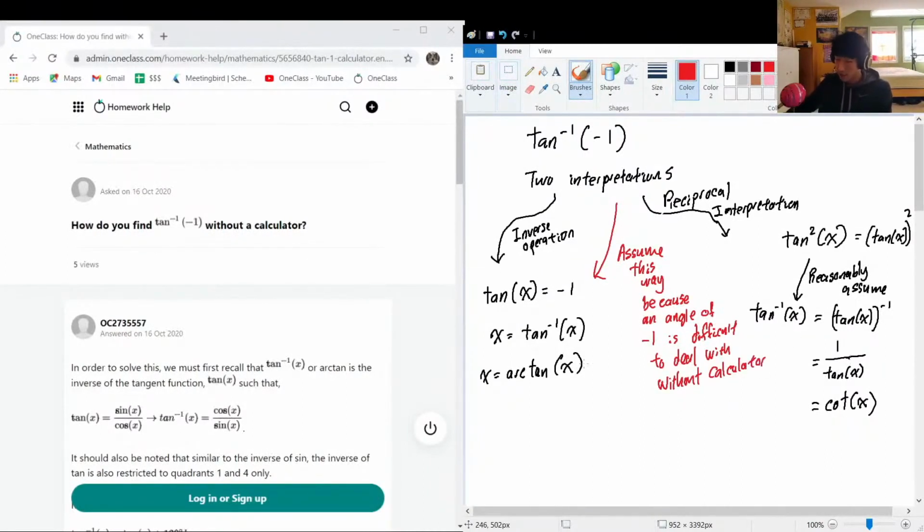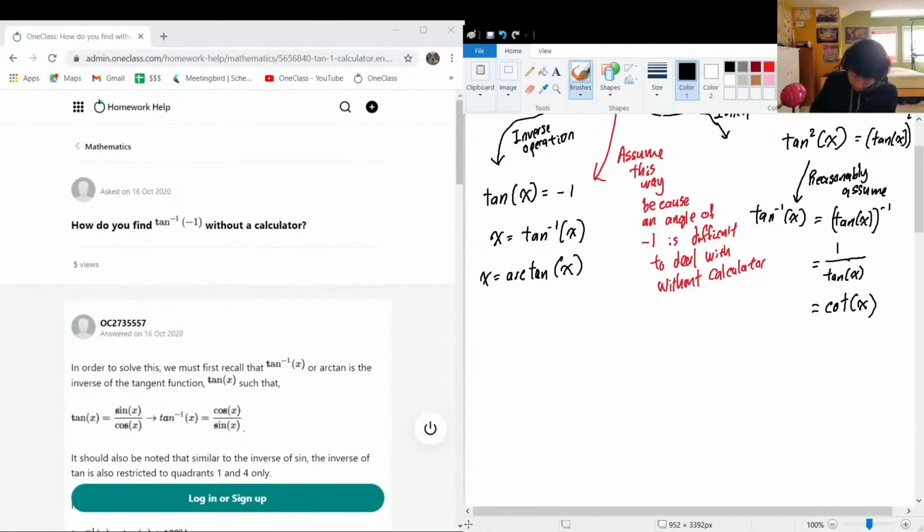Okay, but in general, when you see negative 1 or to the power of negative 1, it's much more likely that it is going to mean the arc operation, so like arcsine, arccos, arctan. But sometimes, just because of this rule, you can argue that it means the reciprocal. So stay ready for that. Okay, but in general, it's going to mean the arctan when you have the negative 1.